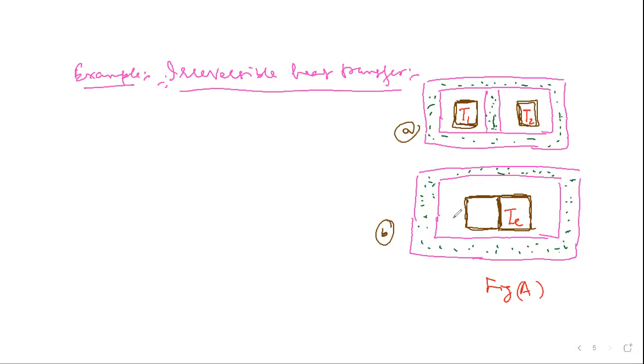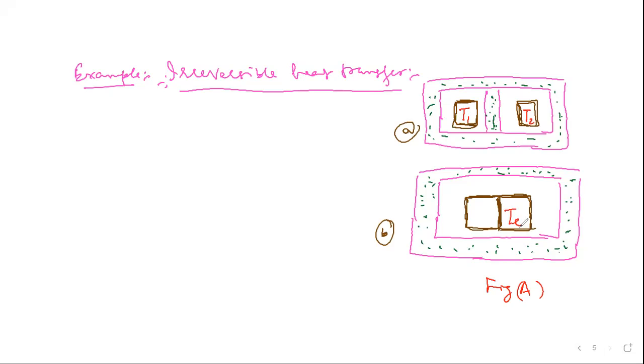Now my final state shown in part B of the figure, what I do in this situation, we remove the insulating wall between the blocks. So this insulating wall between the blocks is removed and they are allowed to come to equilibrium at the intermediate temperature TE.